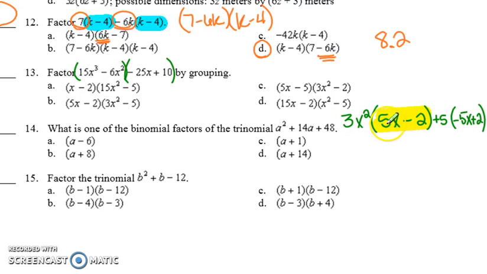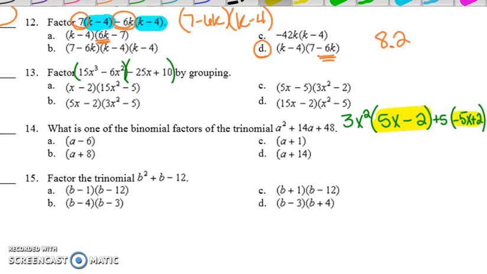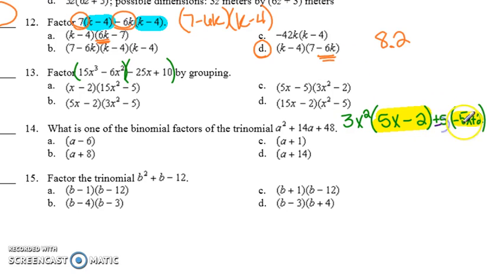Here I have a positive 5x, and here I have a negative 5x. Here I have a negative 2, here I have a positive 2. So I need to find a way, basically, to change the sign of everything inside of those parentheses. And the easiest way to do that would be to actually have factored out a negative 5. So if we factor out a negative 5, that would change this to a plus and this to a minus. And now I have the same thing inside the parentheses.